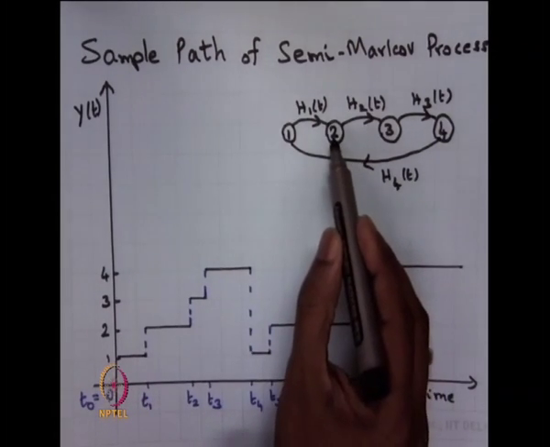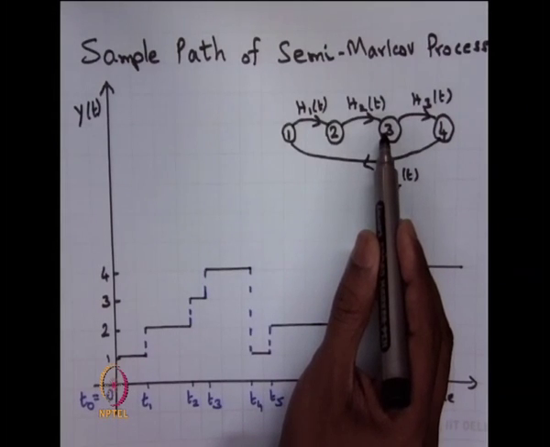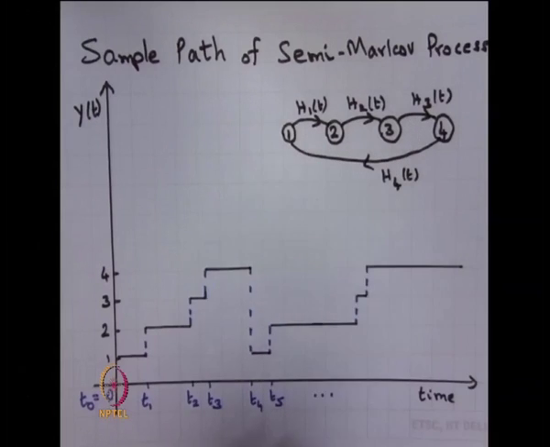So from the state 2, the system moves to the state 3 at the time point T2. The system moves to the state 4 at the time instant T3.